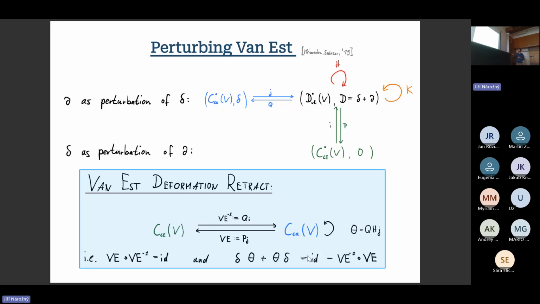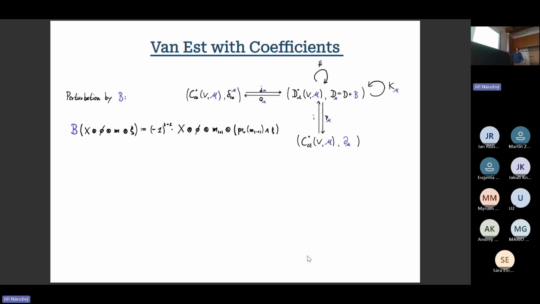The last comment I want to make at this point is you can actually do this construction also in the case that you consider the coalgebra complex with values in some co-module. So just quickly, we could turn on a coefficient co-module in all of these three places.